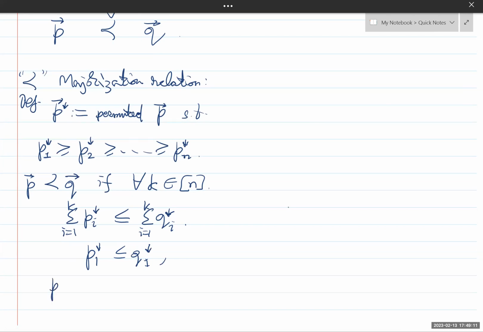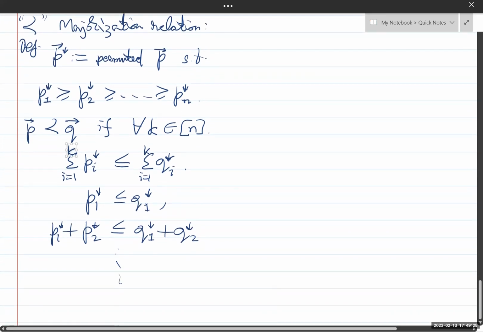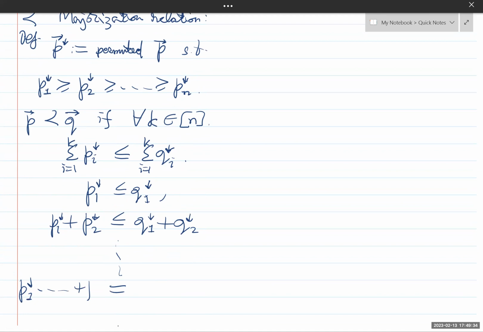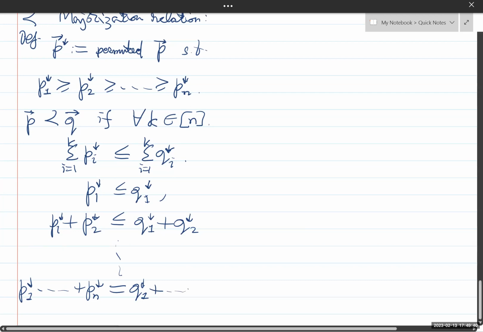And the sum of the two second largest components should be smaller than the sum of the two largest components of Q, and so on, right? And of course, the sum of all of them is just going to be equal, because they're both normalized distributions.